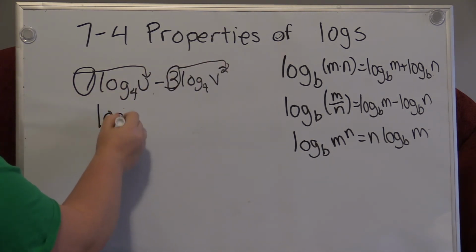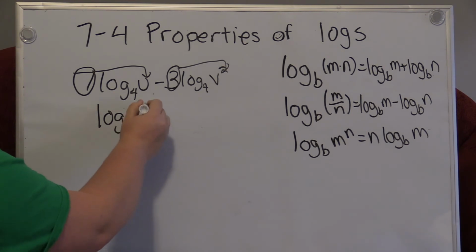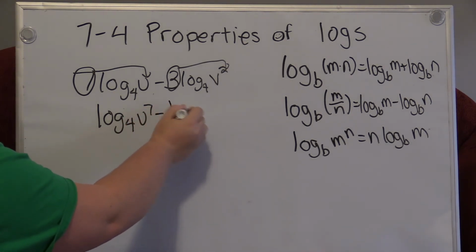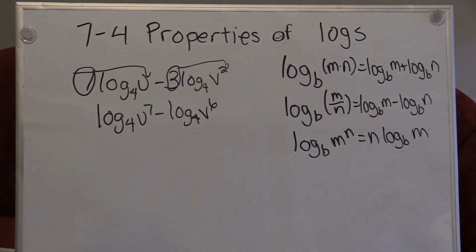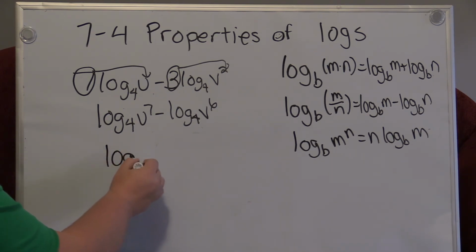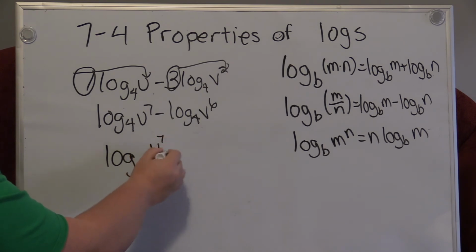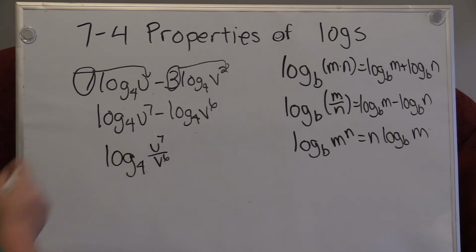So I get the log base 4 of u to the 7th minus the log base 4 of v to the 6th, because 3 times 2 is 6. Remember, when we subtract logs, we divide. So log base 4 of u to the 7th over v to the 6th, and we're good. 2 more examples.